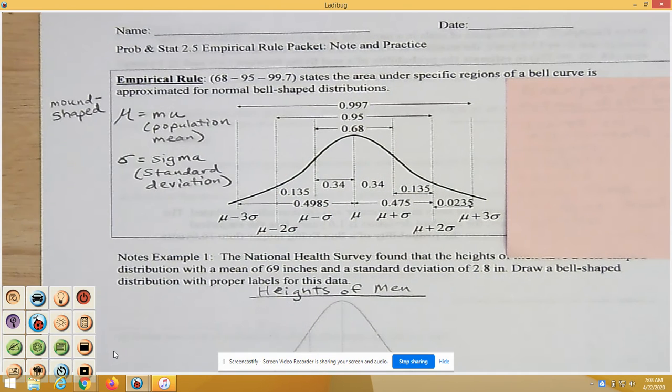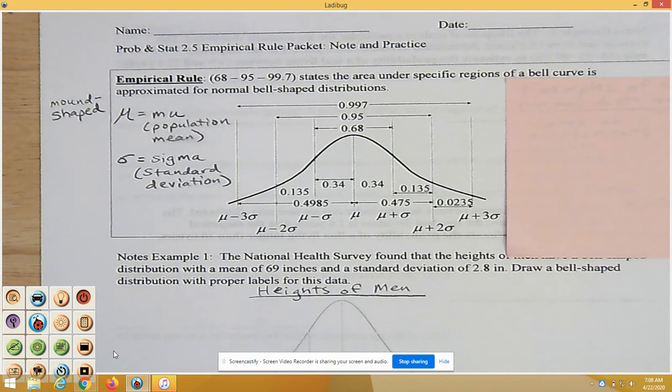So mound-shaped, bell curve, normal, these are all synonymous descriptions of what they're talking about when they talk about the empirical rule. So the empirical rule, the 68, 95, and 99.7, these are actually percentages.